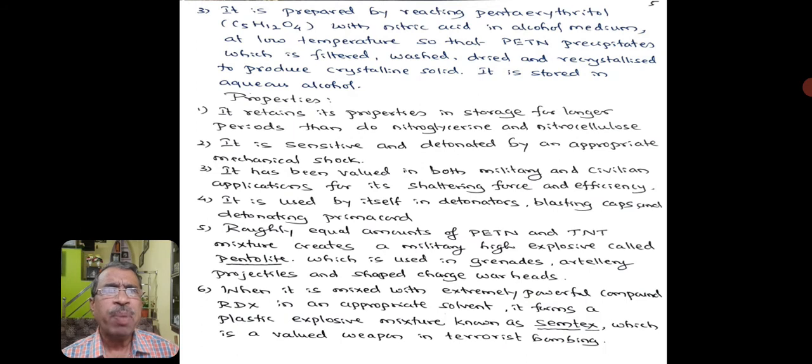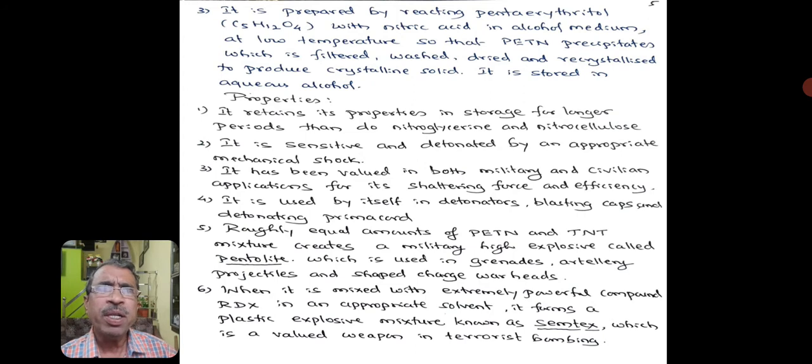It is prepared by reacting pentaerythritol with nitric acid in alcohol medium at low temperature, so that PETN precipitates, which is filtered, washed, dried and recrystallized to produce a crystalline solid. It is stored in aqueous alcohol.